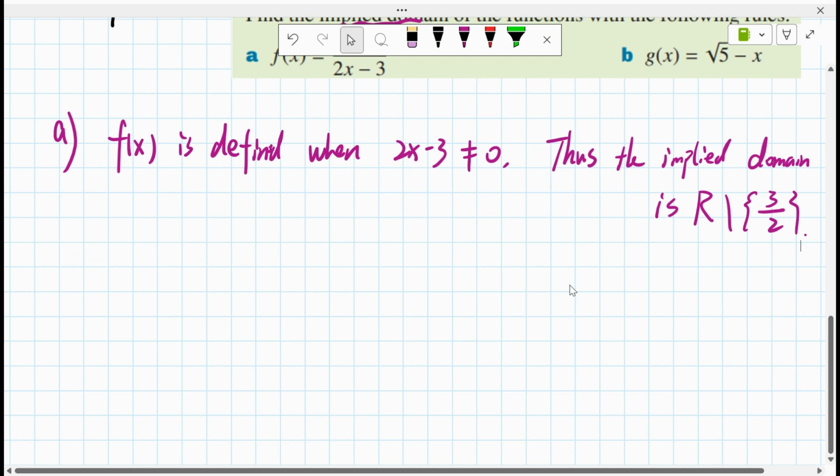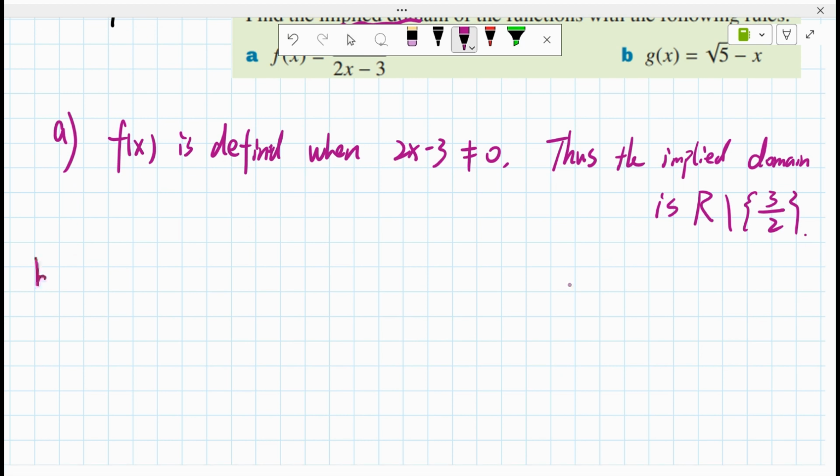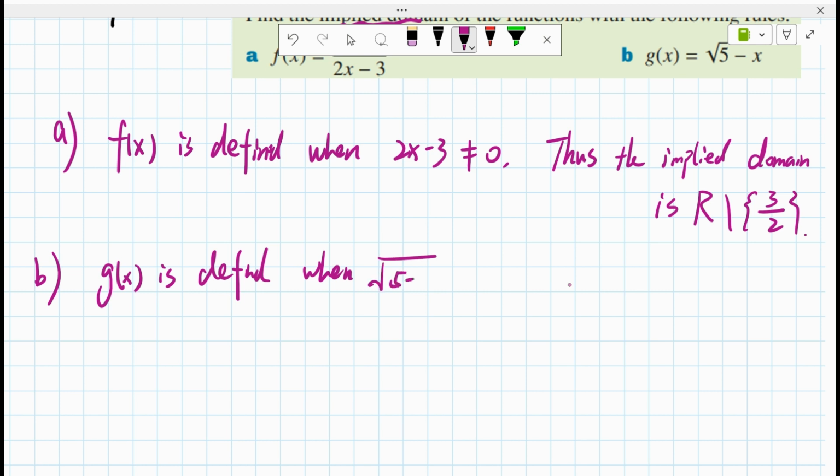And then question B, for g(x), it is defined when the expression has to be greater than or equal to 0, so 5 minus x has to be greater than or equal to 0.